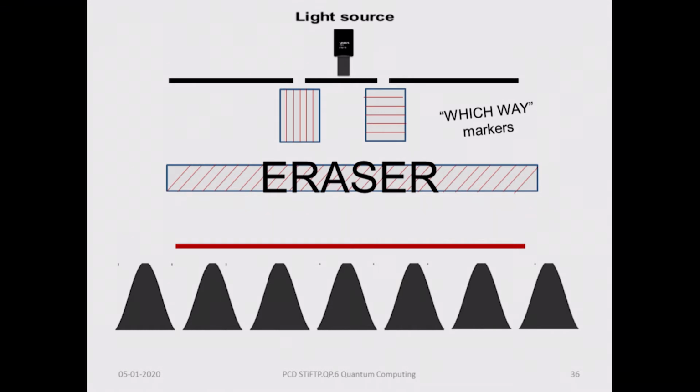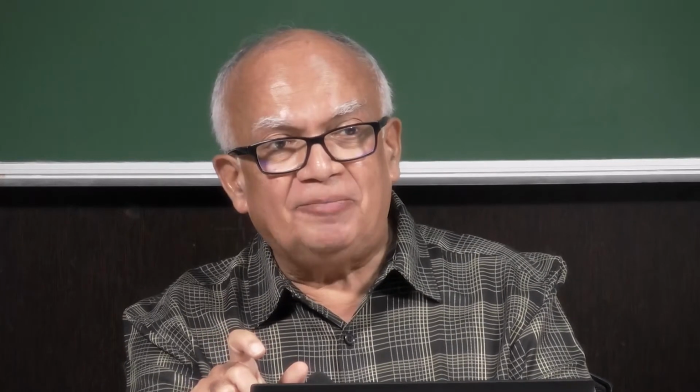So this becomes the eraser and the fringes reappear. We have discussed some of these things in the context of the Feynman path integral approach. At that time we discussed these which-way marker experiments, the delayed marker experiments, right.